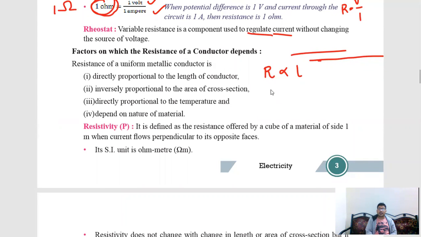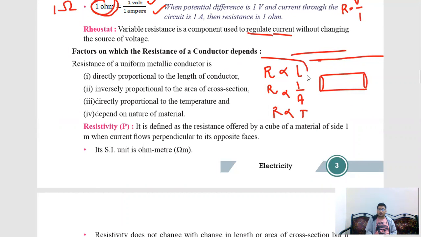R is inversely proportional to the area of cross section. So if you take a thick wire, resistance will decrease. Now, directly proportional to temperature. If temperature is great, resistance will be great. It also depends on the nature of the material.